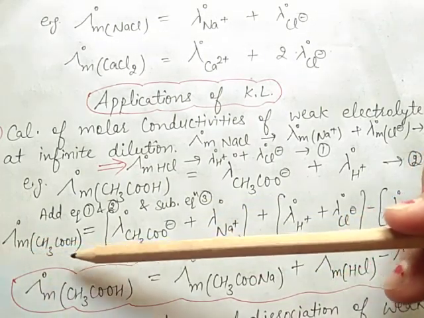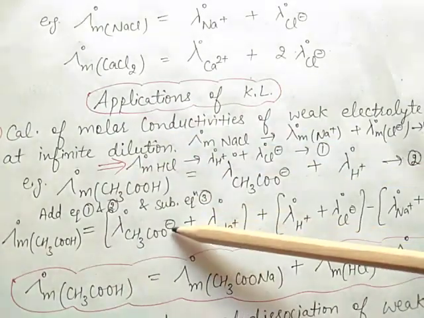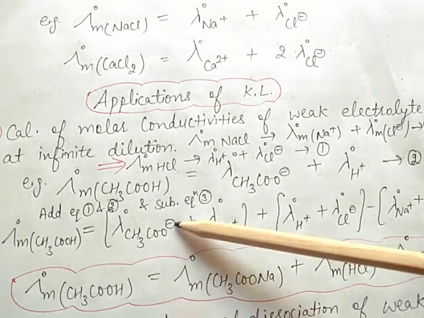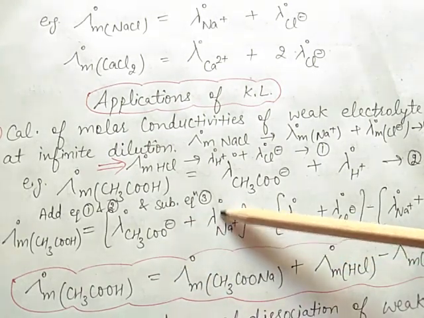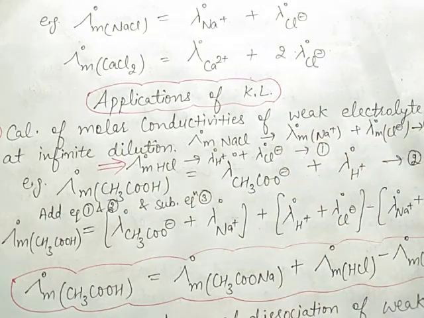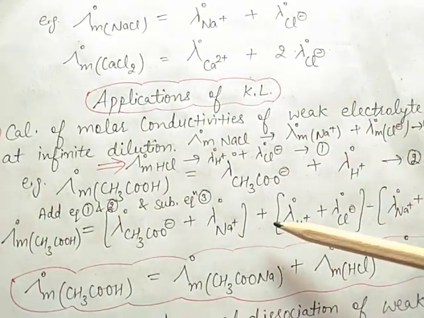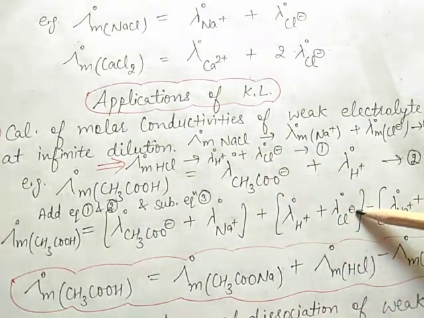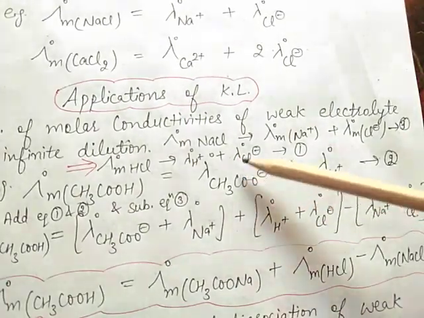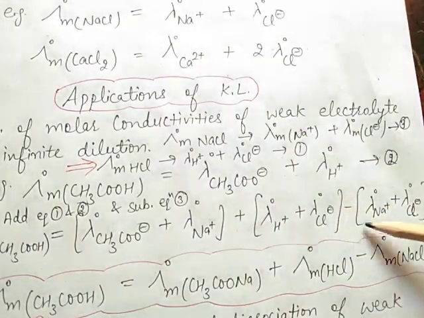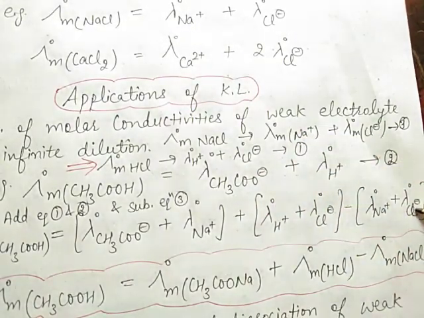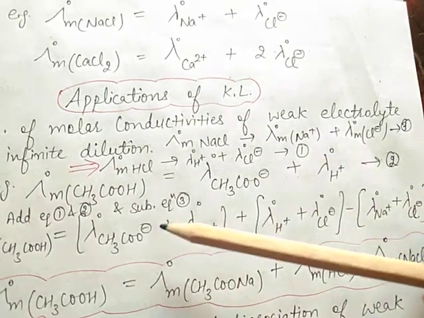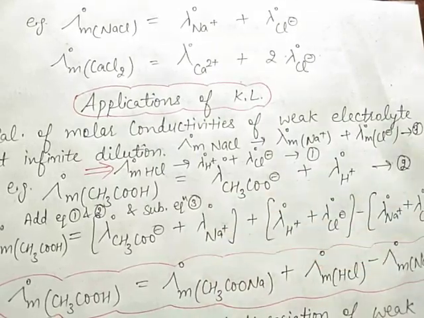Lambda naught CH3COOH is equal to lambda naught CH3COO negative plus lambda naught Na positive, plus lambda naught H plus lambda naught Cl negative, minus lambda naught Na positive minus lambda naught Cl negative. This is the minus sign here because the third equation is subtracted.